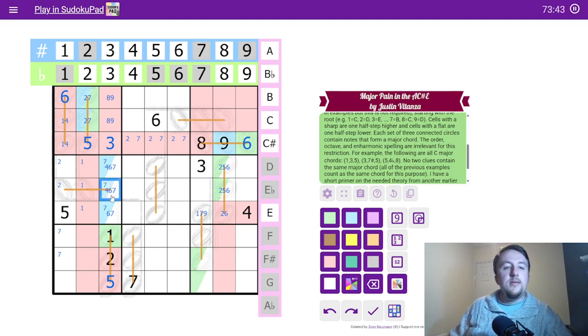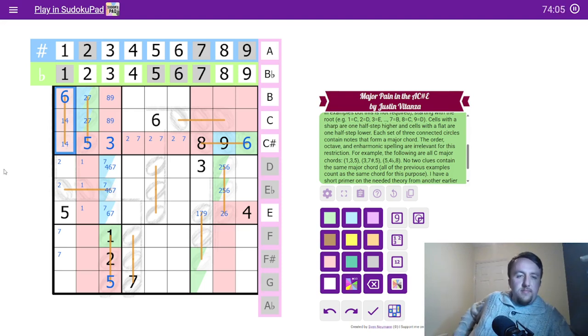So this note here is either a regular 4, a regular 6, or a sharp 7, all of which are F, A, and C. So this triad definitely includes an F, A, or C, but it's not F, A, C, because that's already been taken. What else could it be?